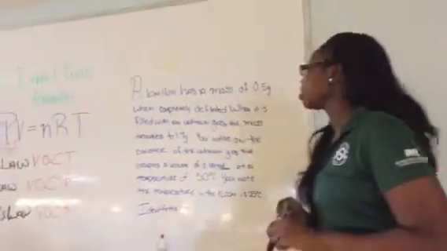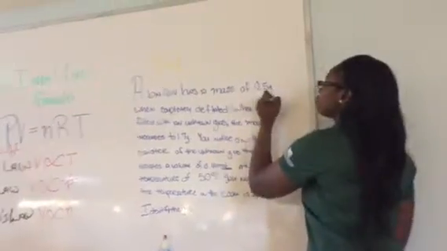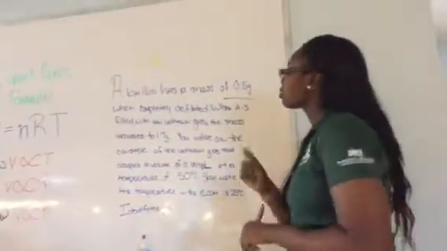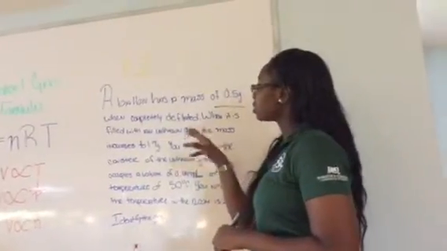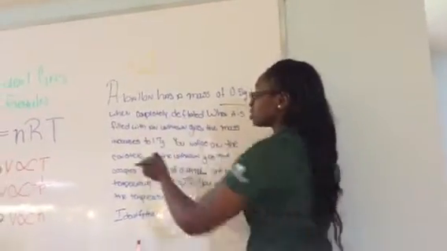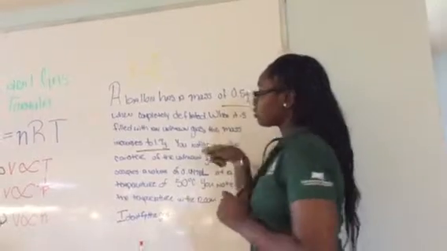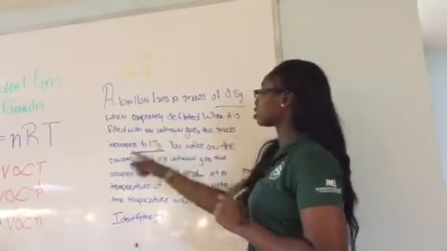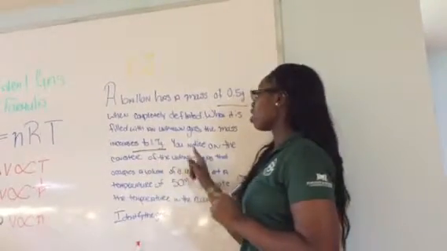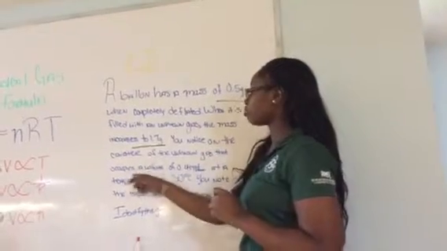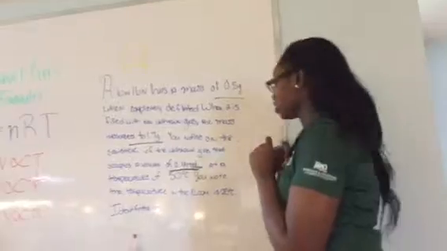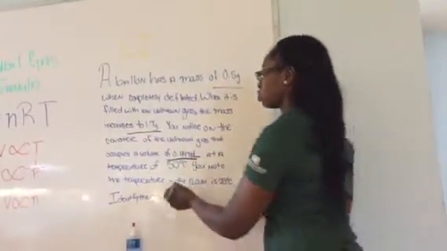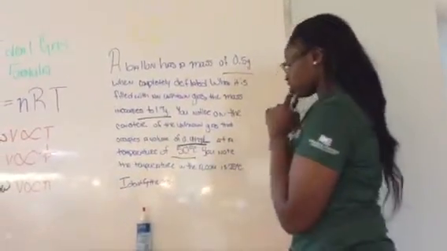The problem reads: a balloon has a mass of 0.5 grams when completely deflated. When it is filled with an unknown gas, the mass increases to 1.7 grams. You notice on the container that the unknown gas occupies a volume of 0.4478 liters at a temperature of 50 degrees Celsius.